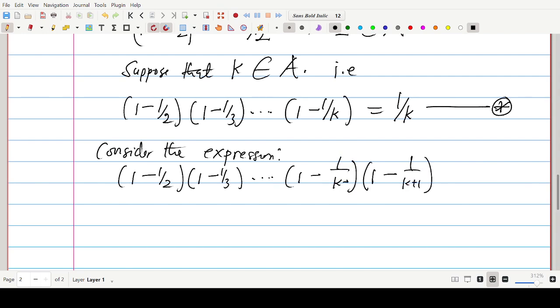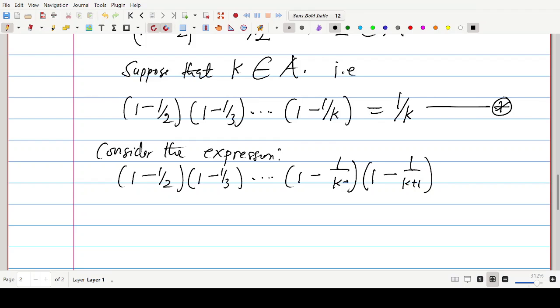Can you see that? Now, we can create this latter expression from star by multiplying both sides of star by 1 minus 1 over k plus 1. So if we multiply both sides of star by 1 minus 1 over k plus 1, we shall obtain this expression that we have currently.